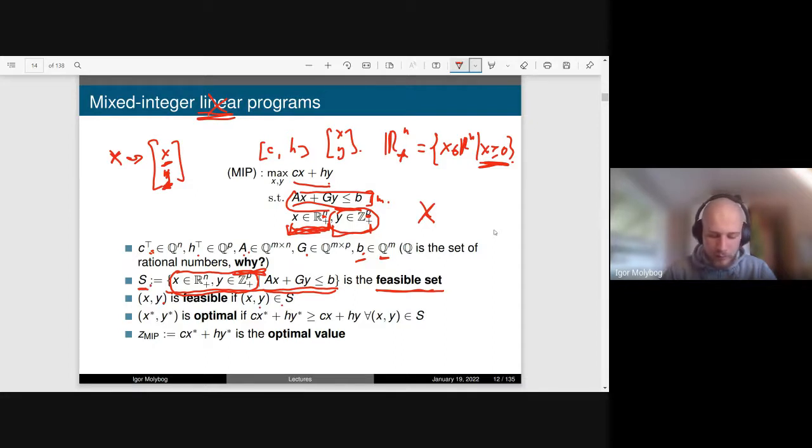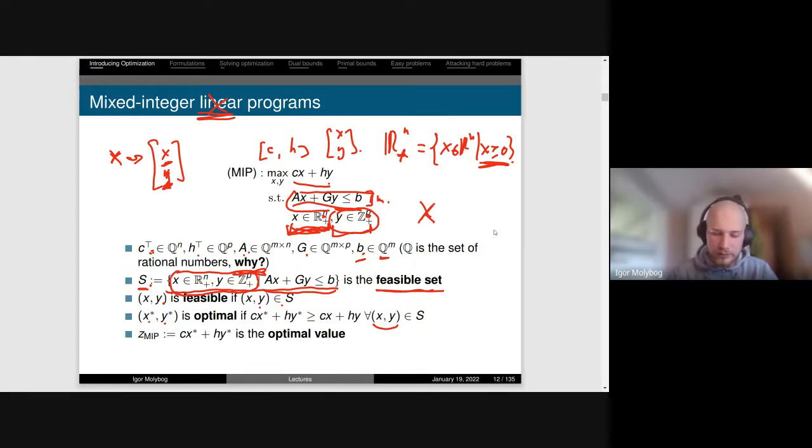The pair x and y is called feasible if x and y belong to the set S, obviously. X star, y star is optimal if Cx star plus Hy star is greater than or equal to Cx plus Hy for any feasible pair x and y. It's just like we have had in the general definition of the optimization problem. Just now we have substituted a specific form of the objective function.